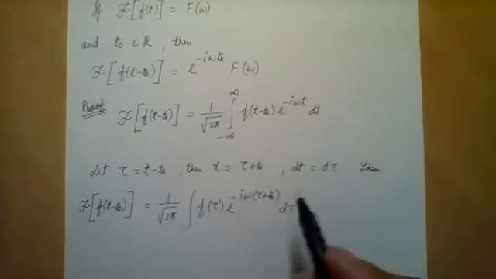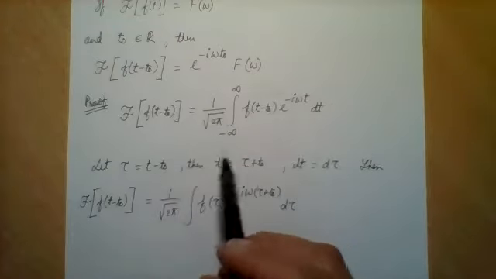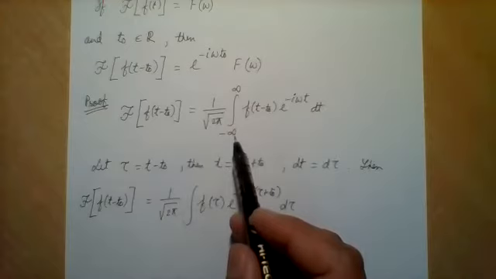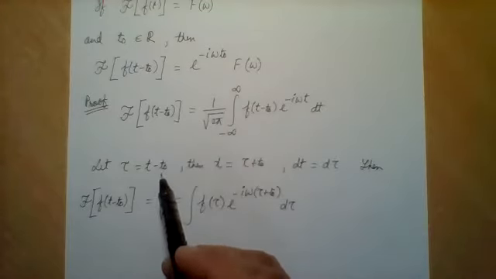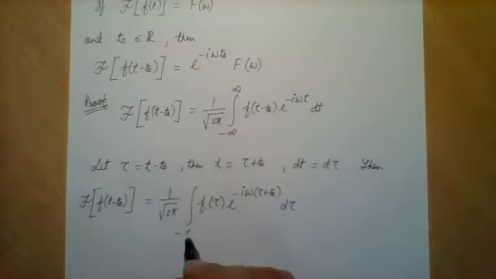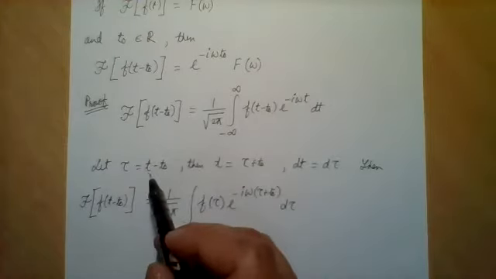Now let us look at the limits. This t0 is a real number, which is a constant. It's a finite number. So when t is equal to minus infinity, if you subtract any finite number from minus infinity, the answer is still minus infinity. So tau is minus infinity when t is minus infinity.